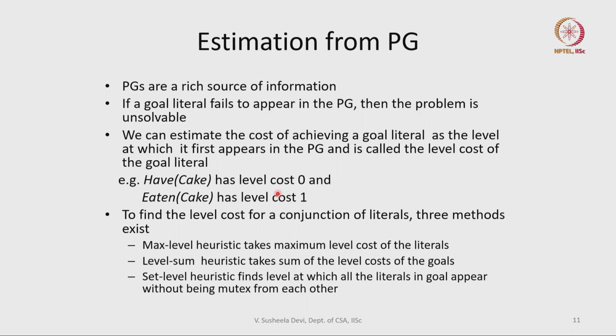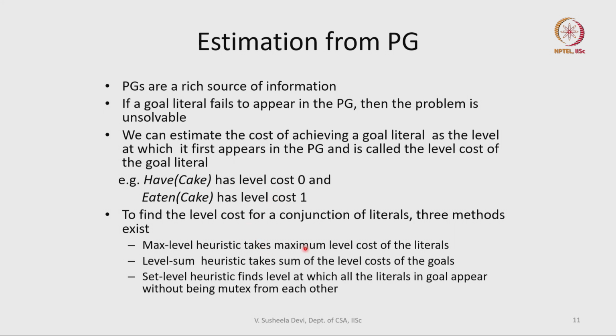Suppose your goal has a number of literals, and each literal will have a level cost. So how do we find the level cost for a conjunction of literals? Because your goal will be a conjunction of literals. There are 3 methods. The first is called the maximum level heuristic.